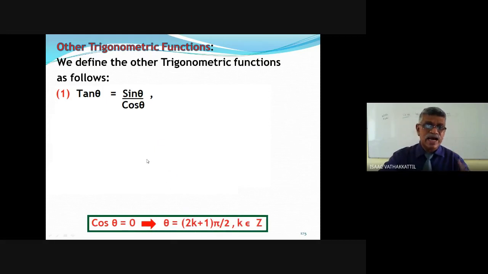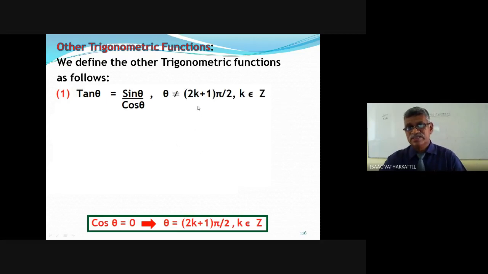Sin theta and cos theta are defined for all values of theta, so the domain of sine is the set of all real numbers. But the domain of tan is every real number but not (2k plus 1) pi by 2, k belongs to Z.